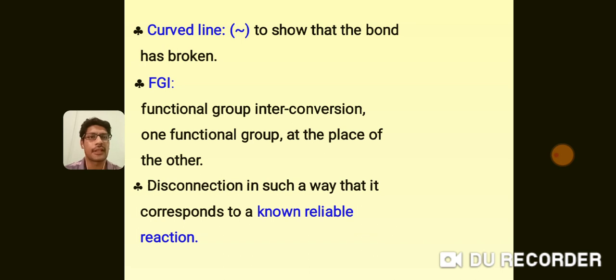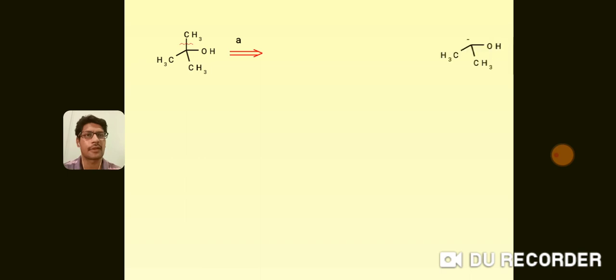The disconnection is made in such a way that it corresponds to a known reliable reaction. Now we know that this is a tertiary alcohol, that is tertiary butyl alcohol, and we have two different approaches to break this particular target molecule.